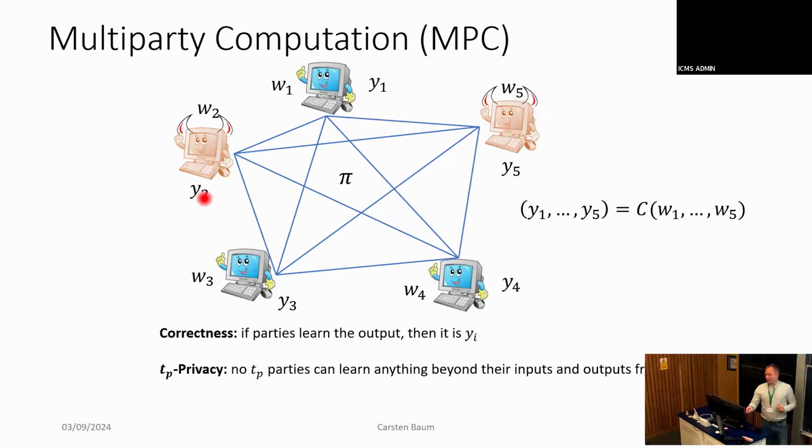And the adversary is also going to learn the output of party 2 and the output of party 5. But except for that, if the protocol has 2 privacy, this is the only information the attacker is going to learn. All the rest can be simulated, according to a similar definition as we saw yesterday.